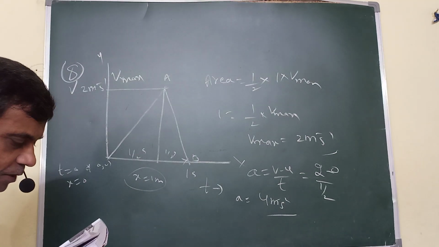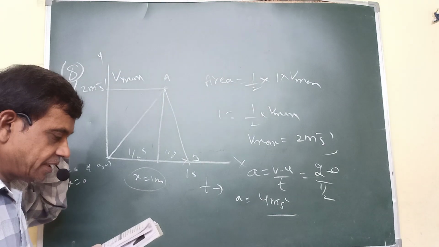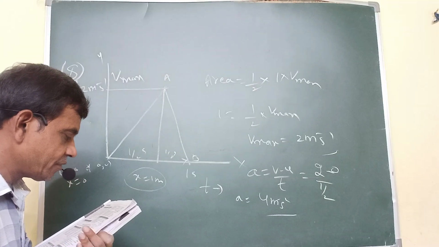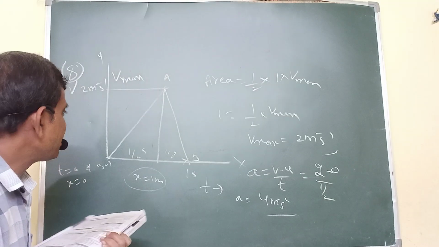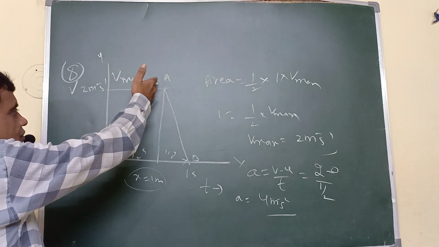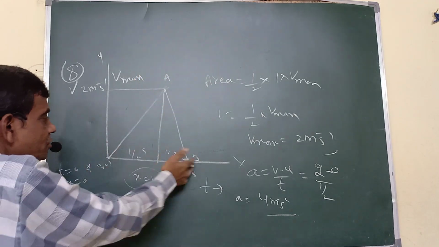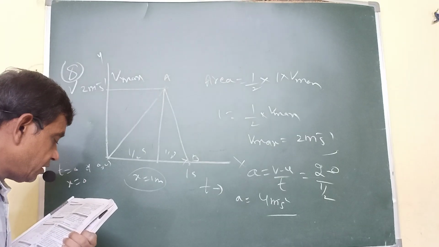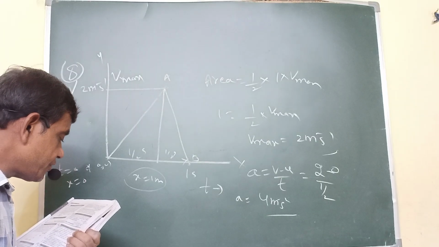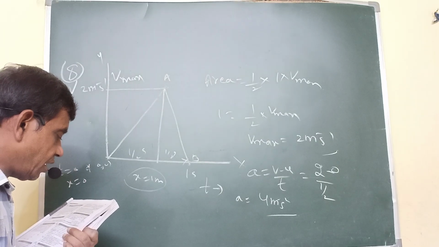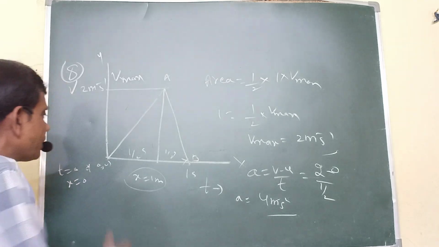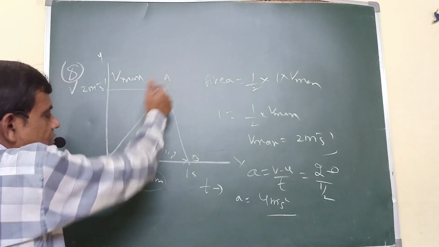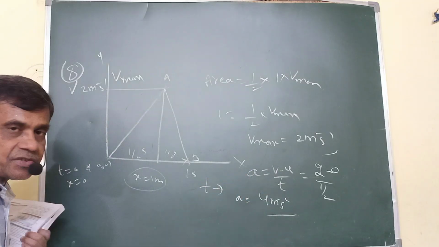Alpha cannot remain positive at all times, because it is positive in one part and negative in another. So over 0 to 1 second it is not totally positive. That is correct.